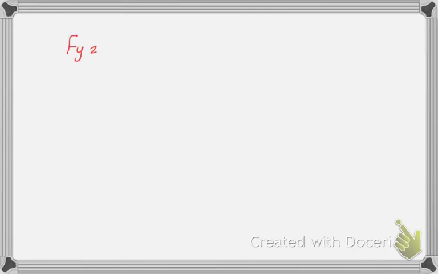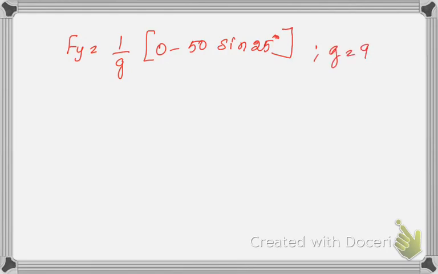So my Fy is equal to 1 by g into 0 minus 50 into sin 25 degree. My g value is 9.81, as you all know. So my Fy becomes minus 2.154.